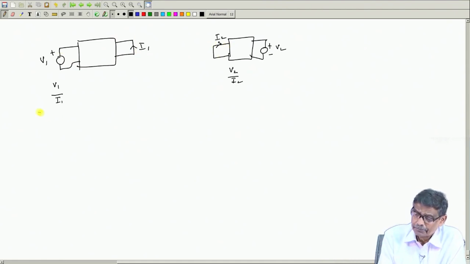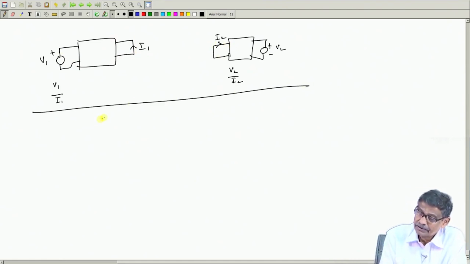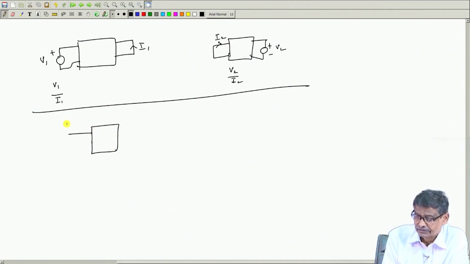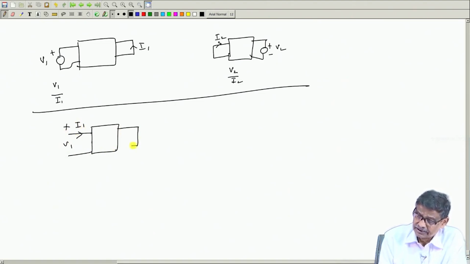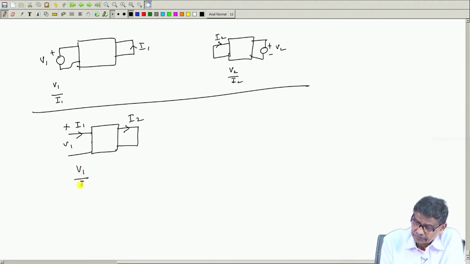In case of ABCD parameters, what has happened, if somebody says that this is V1, this is I1, and somebody says that I2 I will take like this. Calculate V1 by I2 of this.